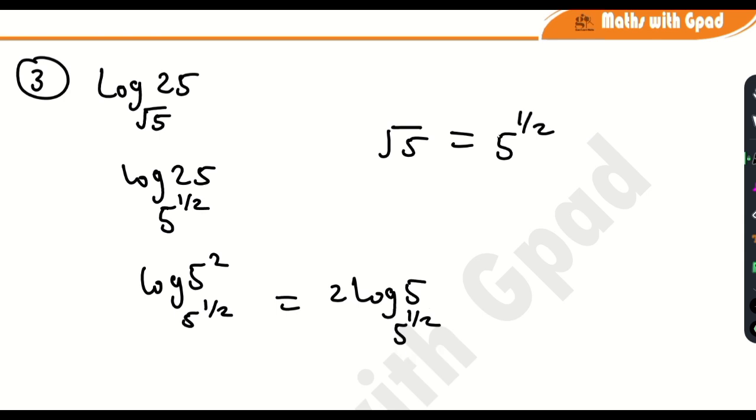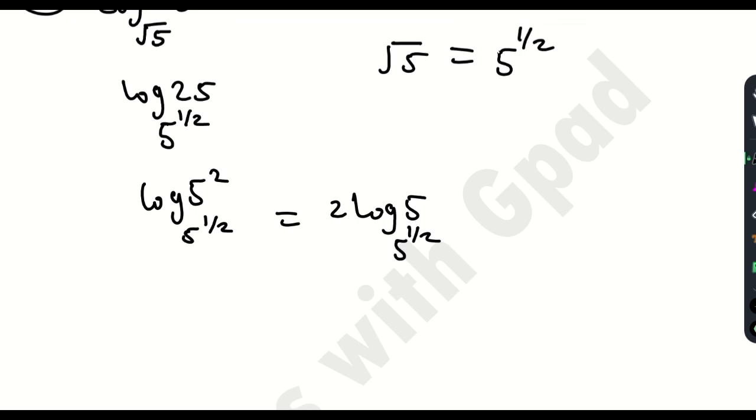If you want to remove that exponent from the base, you will have to take the reciprocal of that exponent and use it to multiply the logarithm. So see what I'm talking about. What is the reciprocal of 1 over 2? This one here. It is what? 2 over 1, which is also 2. So I'll take it out of there and take the reciprocal of that exponent, which is 1 over 2.